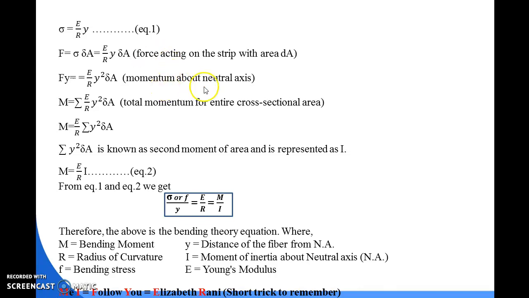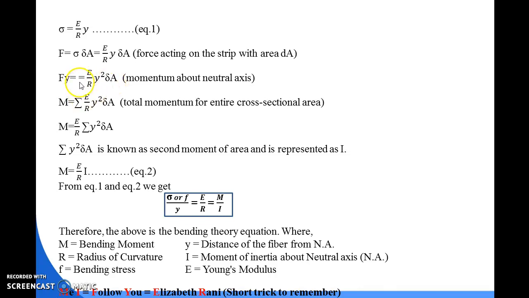Okay. Now, due to the moment about the neutral axis, we have to multiply by the y value, that is the distance between the neutral axis and the strip AB, on both sides of the equation. Hence, it will be converted into F y equal to E by R y square delta A. Then, we know that the bending moment formula is force into perpendicular distance.